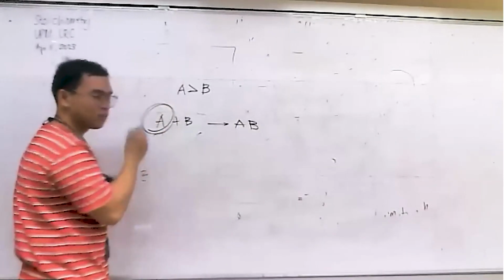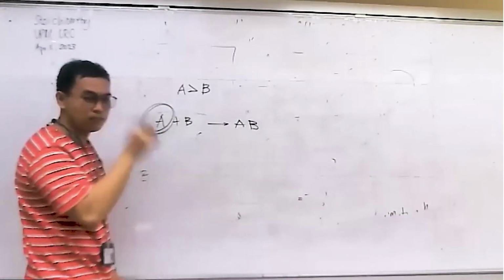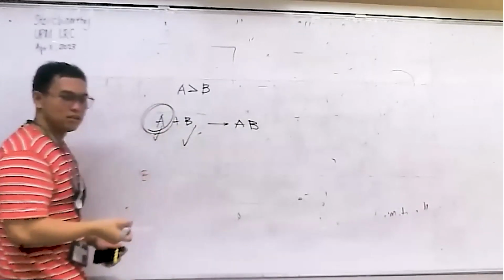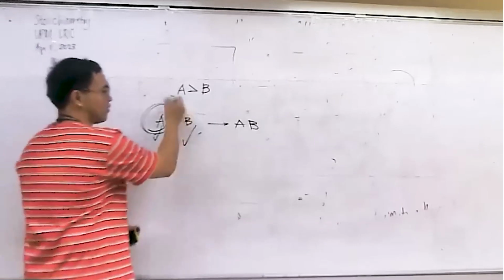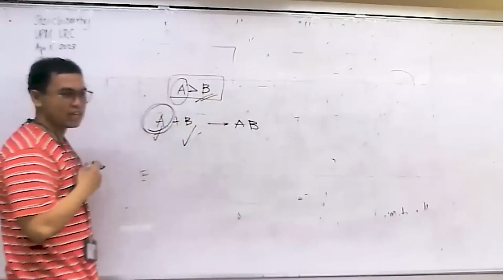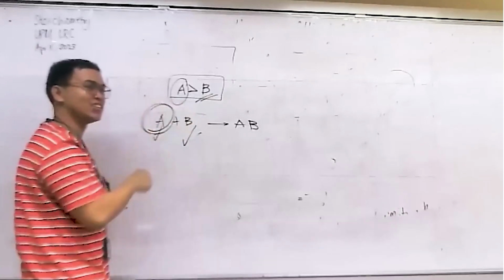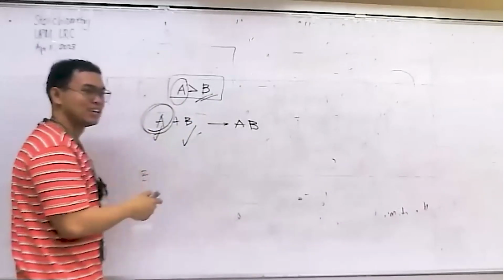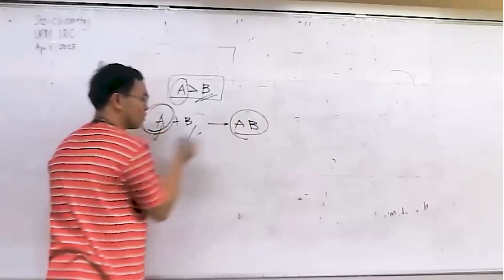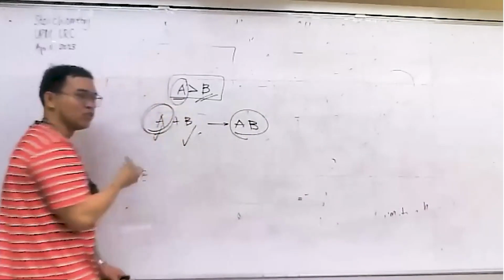When you react them to form this, syempre, we want A to be fully consumed. So ano po yung dadagdagan natin? Is it A or B? Given na mas mahal si A kay B, ano po yung dadagdag natin? Sige nga, Arjan. Anong dadagdag? A or B? Mas mahal si A, ha?